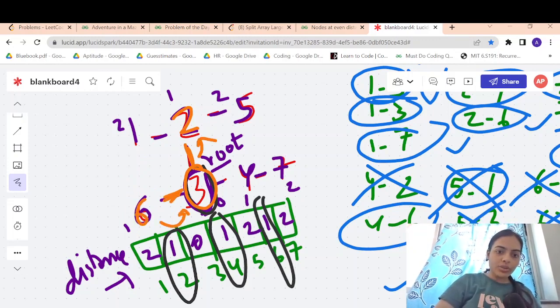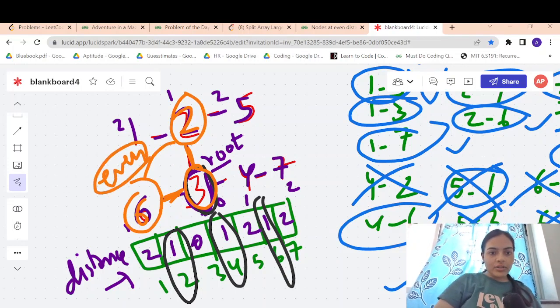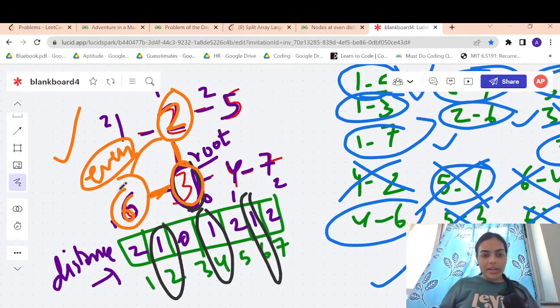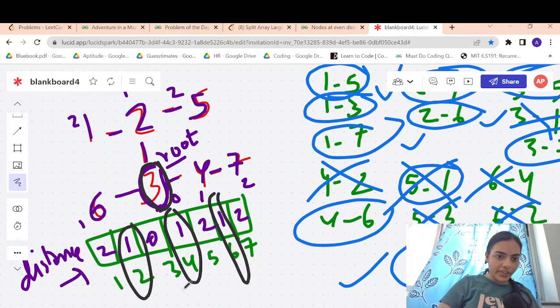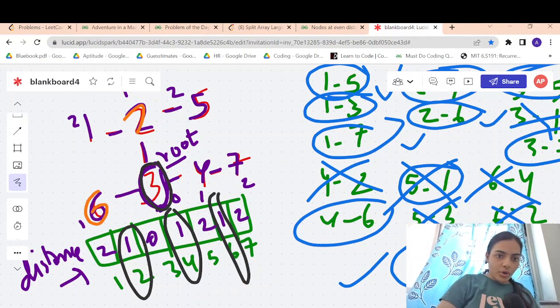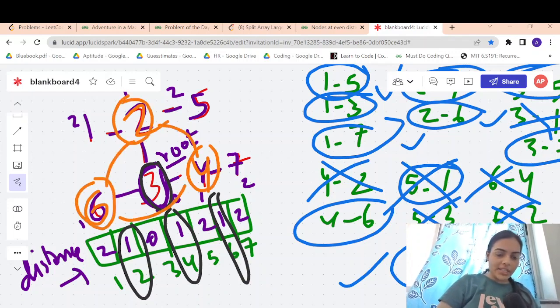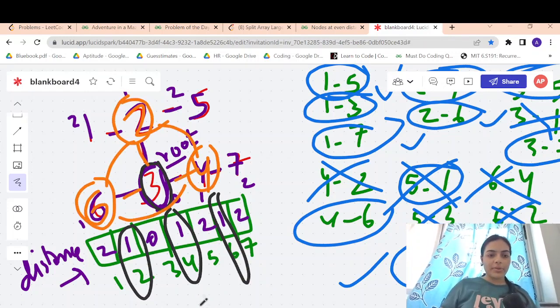Between 6 and 2 there are 2 edges, right? That means relatively 6 and 2 are at even distance with each other. So this is our answer. Similarly, for those nodes which are having odd distances, we can write that node 6, node 2 and node 4 are all relatively going to have even distances between them. All of them have 2 edges between them.